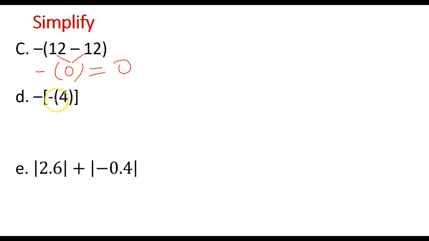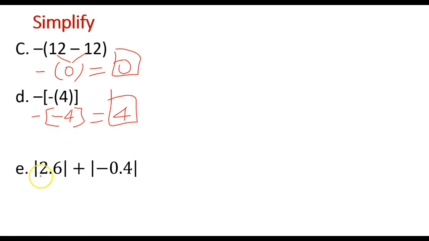So here we have two parentheses, two brackets. So opposite of 4 is negative 4, and then opposite of negative 4 is 4. Okay?